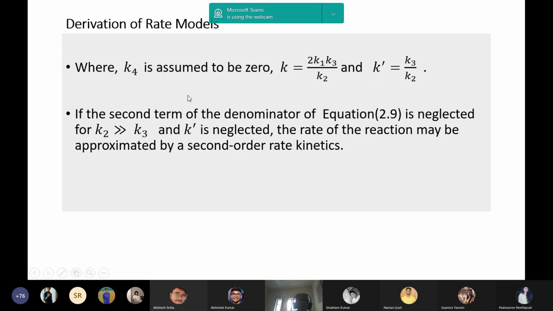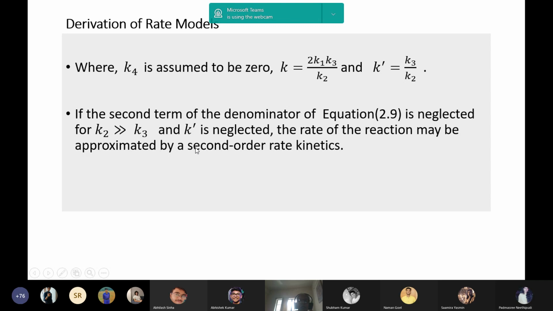It is given: if the second term of the denominator is neglected, it is written here. Then K2 greater than K3 and K is neglected. The rate of the reaction may be approximated by second order kinetics. In the Levenspiel exercise, this is given, that the reaction is non-elementary type, but sometimes it shows second order kinetics.